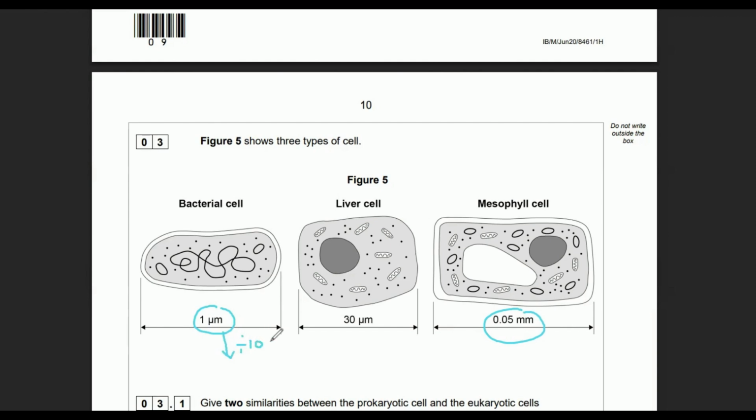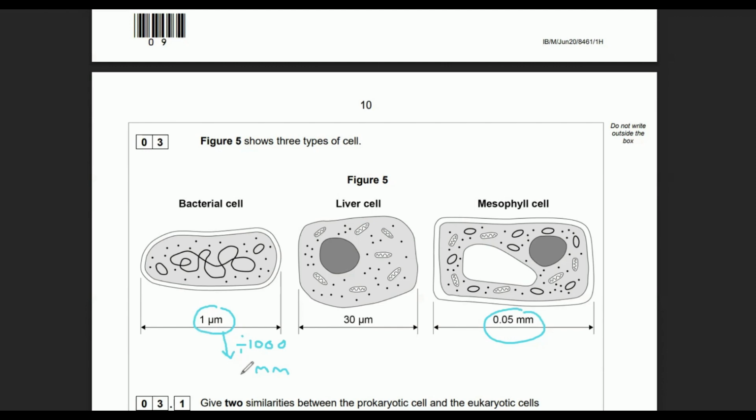Now this screws with people's heads, but when you're going up the scale, you divide by 1,000 for each step. From nanometers to micrometers, I divide by 1,000. From micrometers to millimeters, I divide by 1,000. Millimeters to meters, divide by 1,000. It's kind of counterintuitive, but as you go up to bigger units, you divide by 1,000.